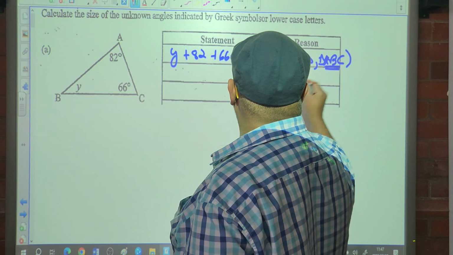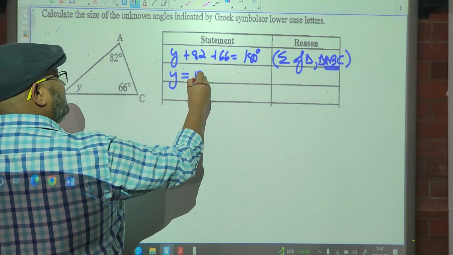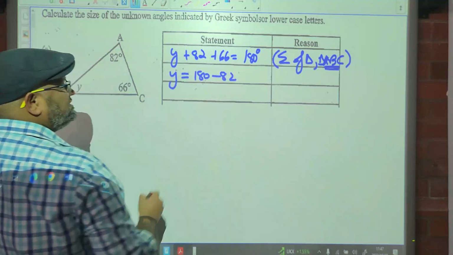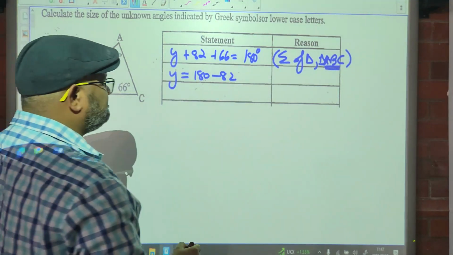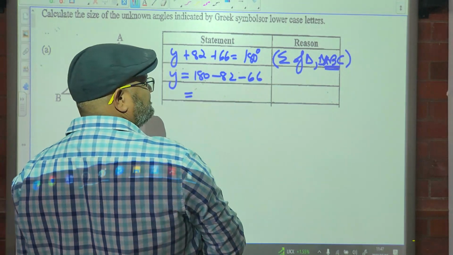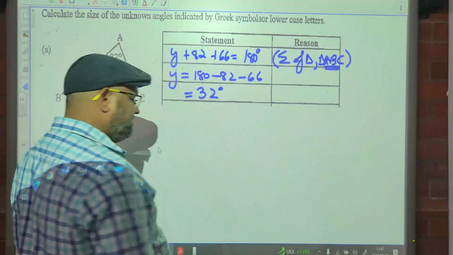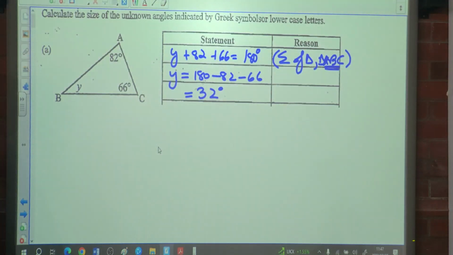So y is equal to 180 minus 82, which is 98, minus 66. And what's 98 minus 66? 32 degrees. Is there any confusion here? No?